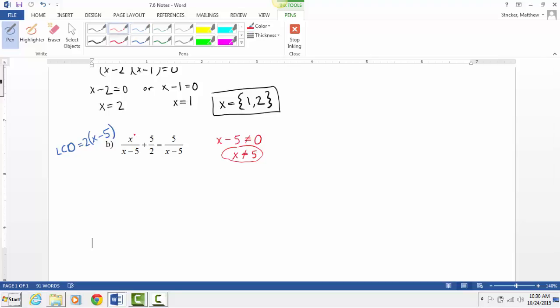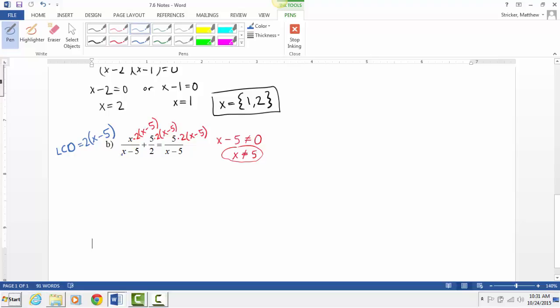And so if we're going to cancel, we multiply the first term by 2 times x minus 5. We multiply the second term by 2 times x minus 5. And then we multiply the last term by 2 times x minus 5. And this will allow us to eliminate all three denominators.